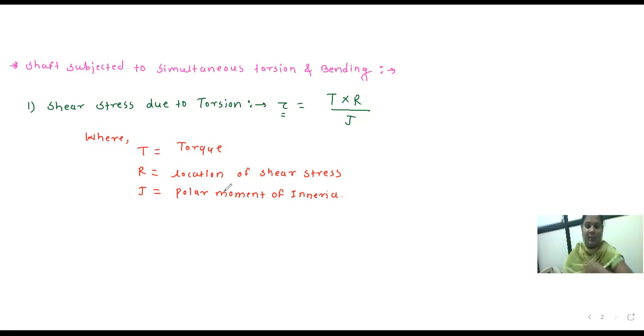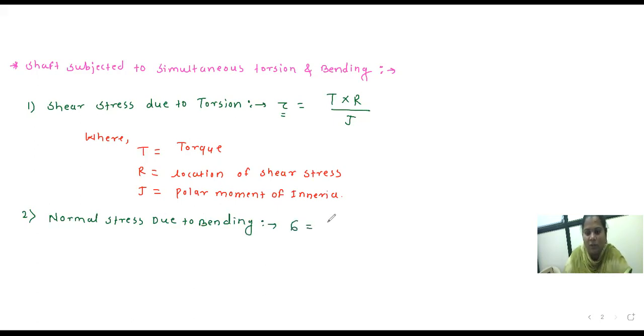After that, next, write down second point. So second point is normal stress due to bending. Normal stress is denoted by using sigma.